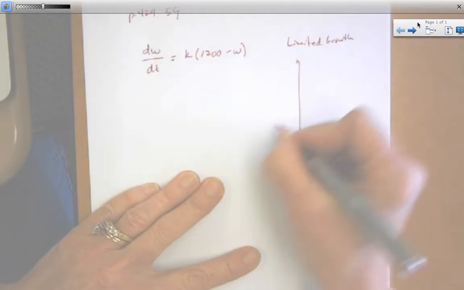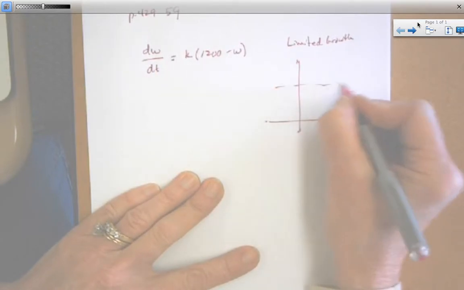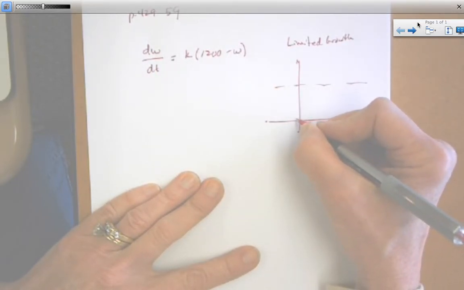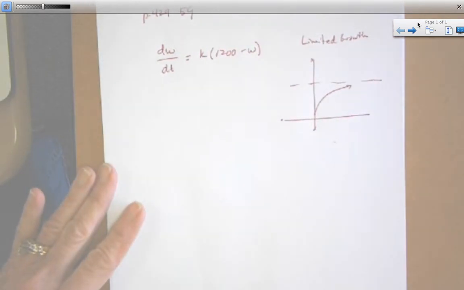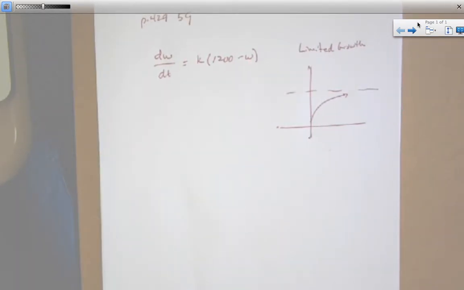So before we even start this question, we already know that this is going to have some starting value, and it's going to top out at 1,200 pounds, which kind of makes sense. We can't have an industry where animals keep growing indefinitely to bigger and bigger values. That would be unhealthy, and they wouldn't be able to exist in that form.